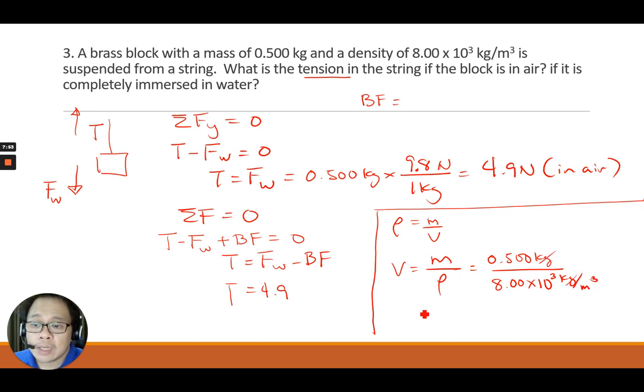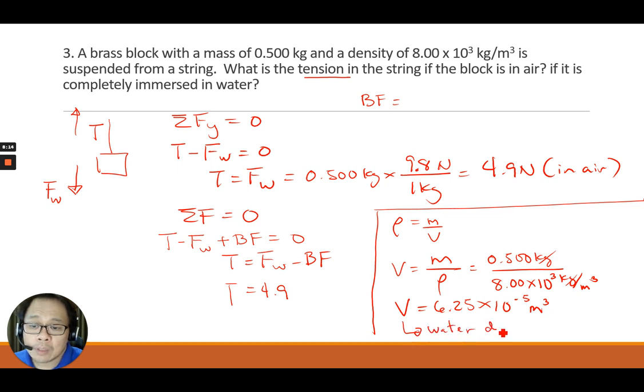Cancel, cancel, you will end up with meter cube. So the volume that you will get here is 6.25 times 10 raised to negative 5 cubic meter. This is the volume of the brass block, and this is also the volume of water displaced.